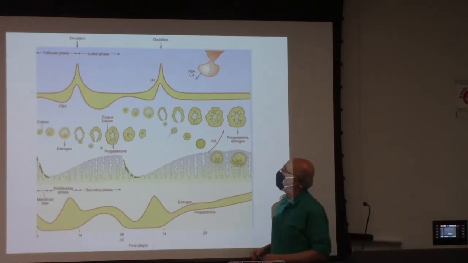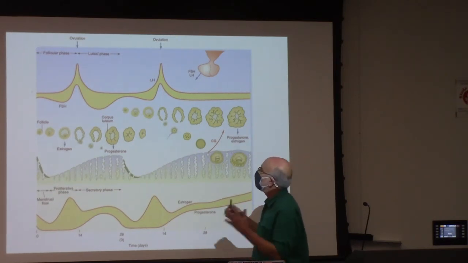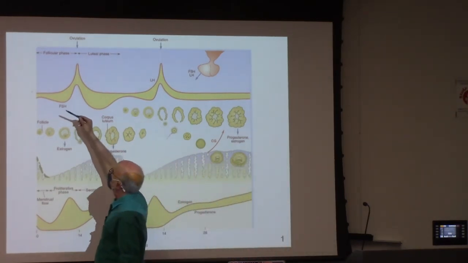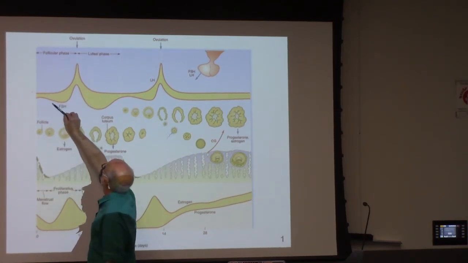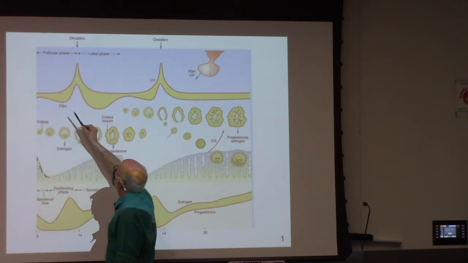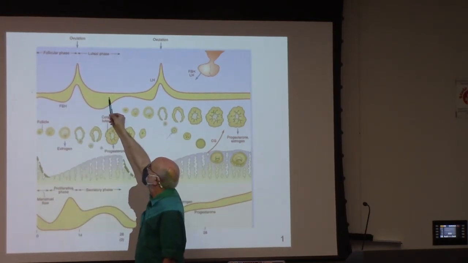So this was a slide that you saw at the end of the class on Monday. Let's just get oriented. We have levels of LH and FSH plotted here during the follicular phase and the luteal phase of a menstrual cycle.